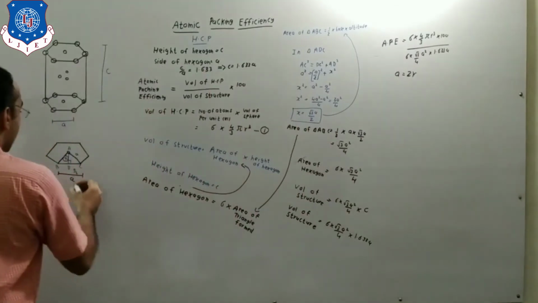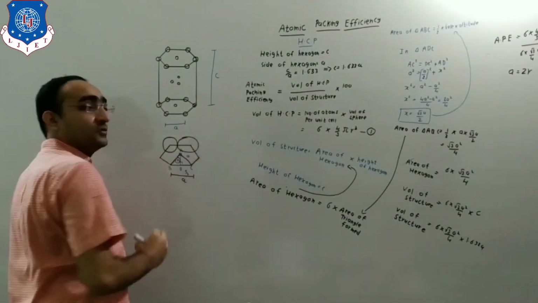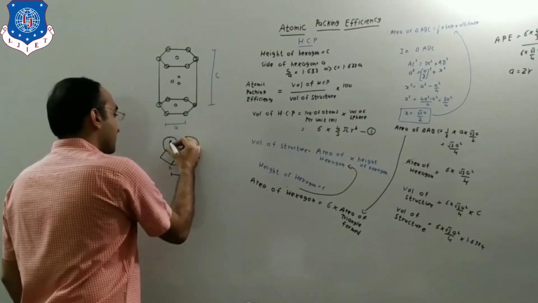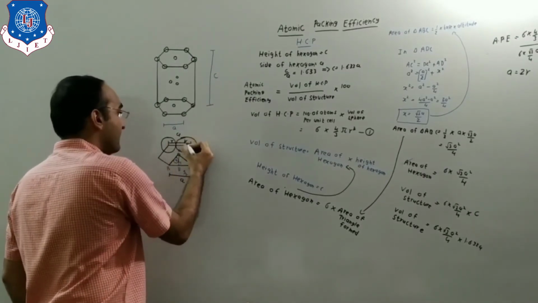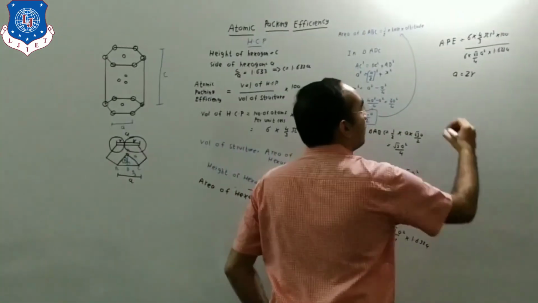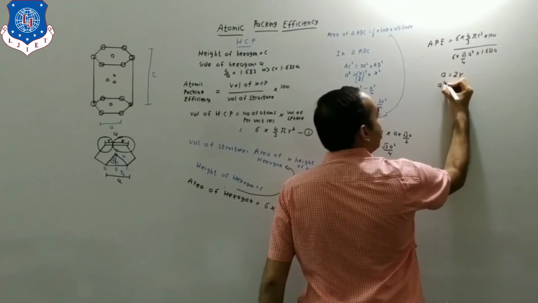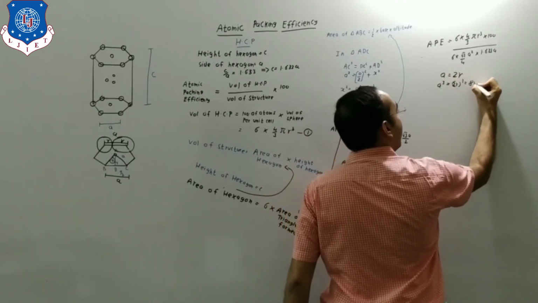Why? Because if we go over here, one atom is over here and one atom is over here. So what is this distance? It is 1r, 1r. So a is equal to 2r. So here a is equal to 2r. So we can find that a cube is equal to 2r cube, that is equal to 8r cube.